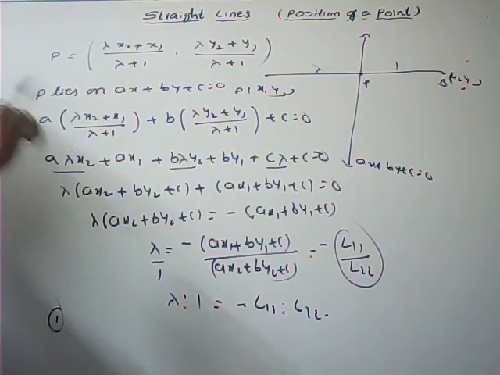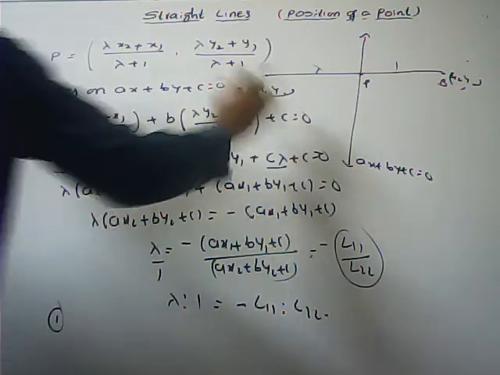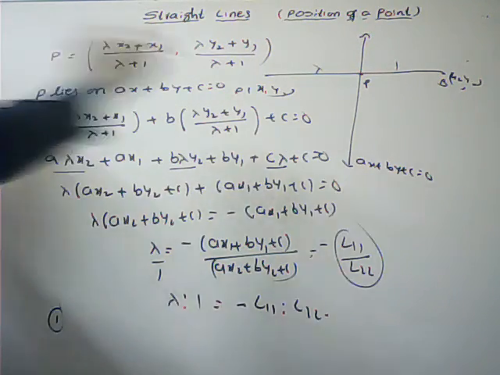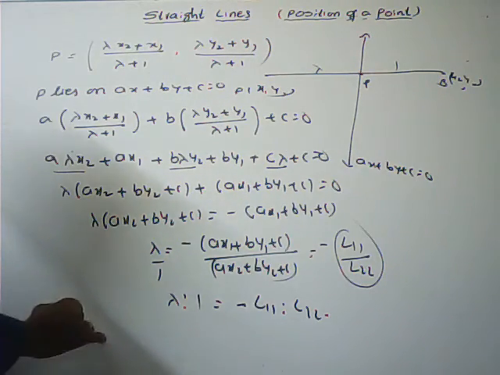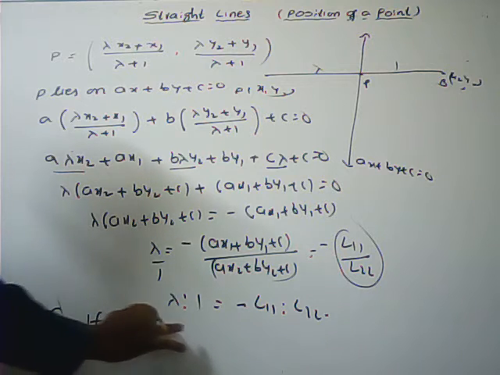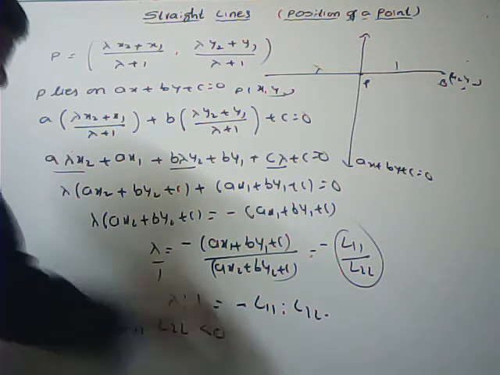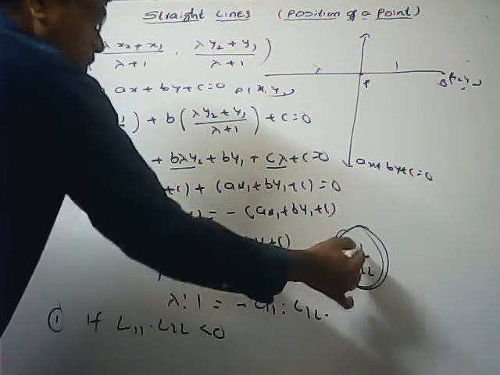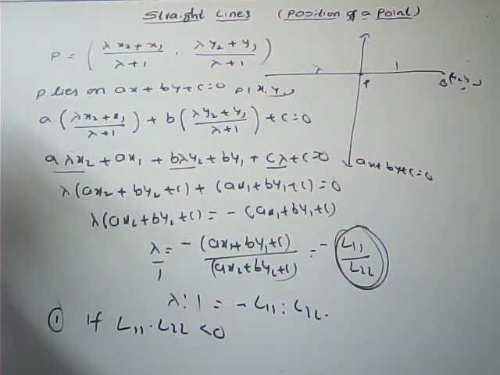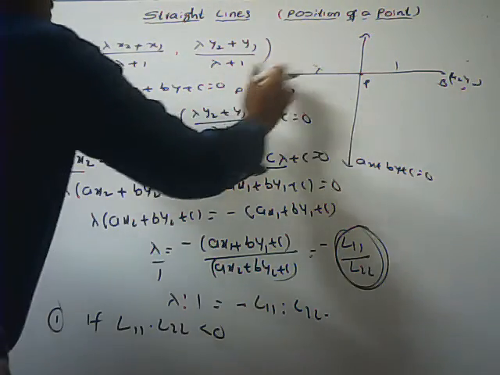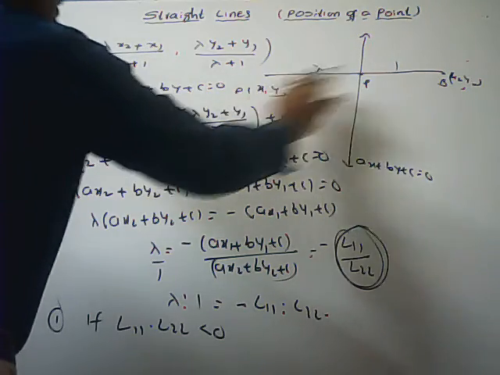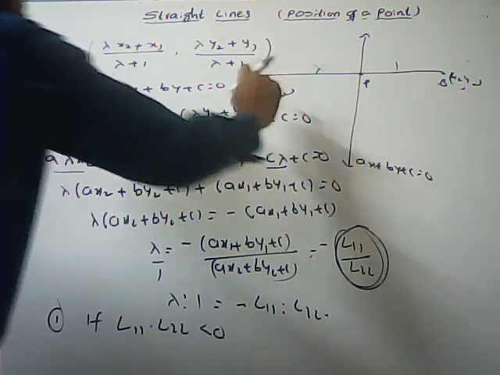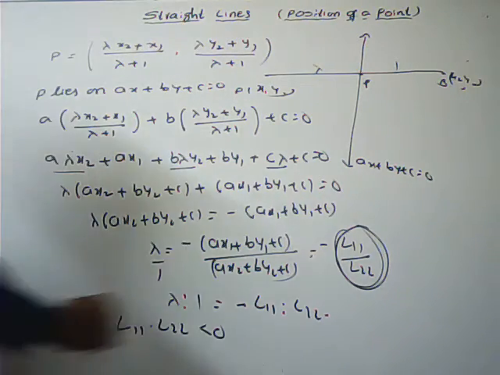Then the point divides internally. Internally means the two points lie on either side of that line. If L11 into L22 is less than 0, this point divides the line segment joining the two points internally. Internally means the two points lie on the opposite side of the line.